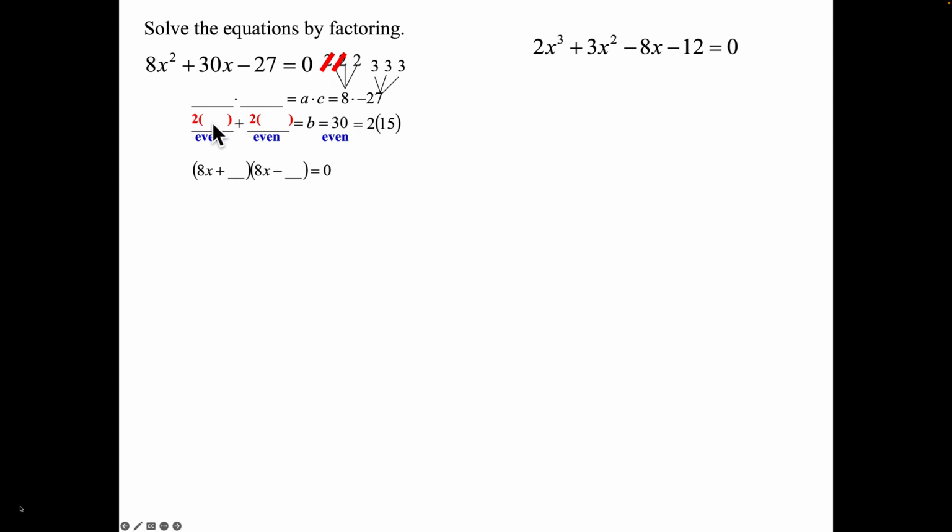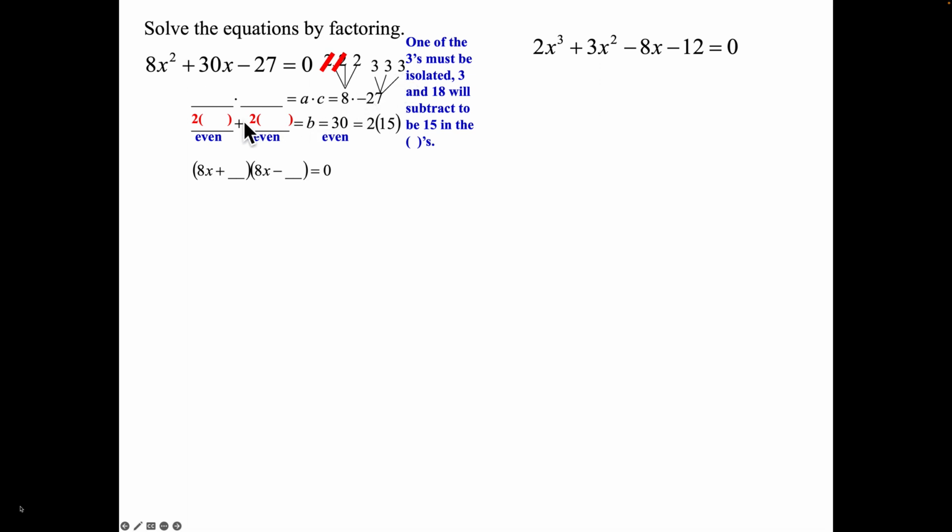So now what's in the parentheses here has to add up to be 15, which makes this an odd. Okay, so now that's going to leave me some choices here. We'll start with 3 times something. Well, 9 times 2 is 18. 18 and 3 will subtract to be my 15. So there's going to be my numbers.